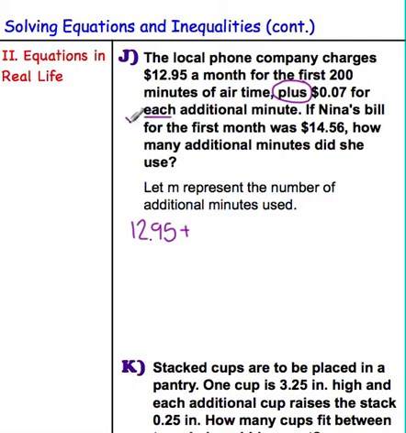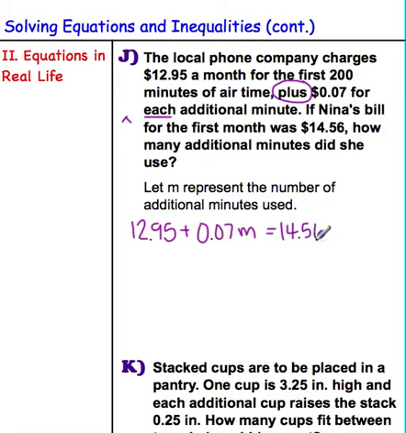Each implies that we're going to multiply. And you guys know this by now. You guys have been pretty good with this. So we'll take our 7 cents times our M. And we know that she paid $14.56 for this last month.